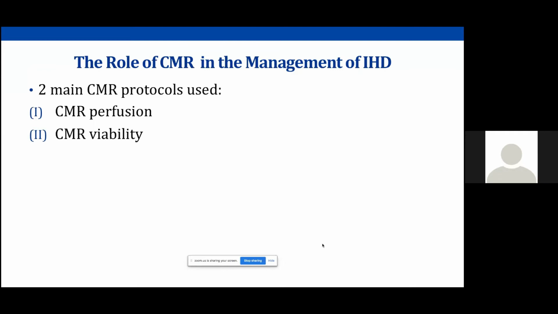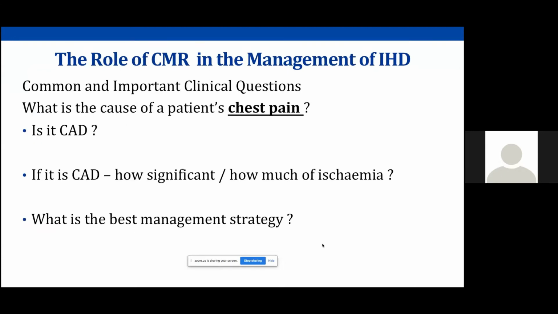Okay, so in relation to ischemic heart disease, there are 2 main CMR protocols that we normally use, which are CMR perfusion and CMR viability respectively. In this presentation, I'm going to talk mainly on these protocols. And these protocols help us in answering the very common and important clinical questions in cardiology practice, which is, what is the cause of a patient's chest pain?